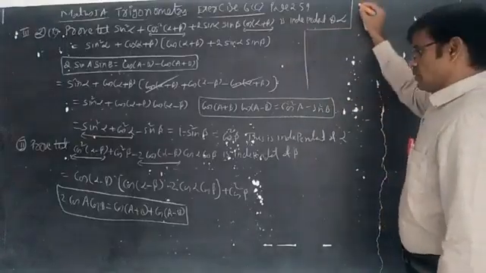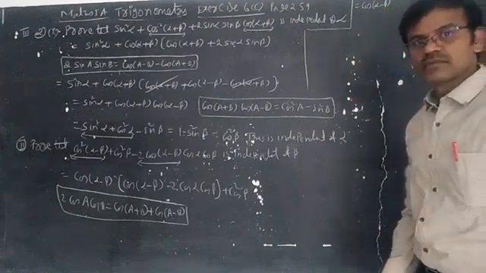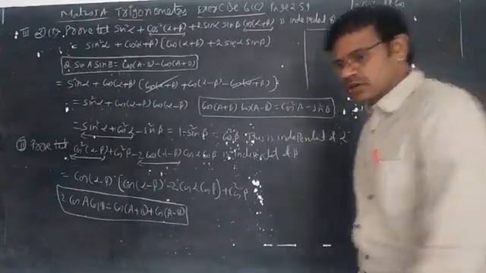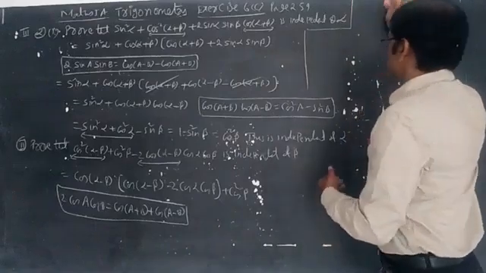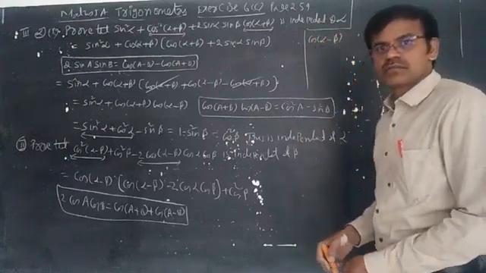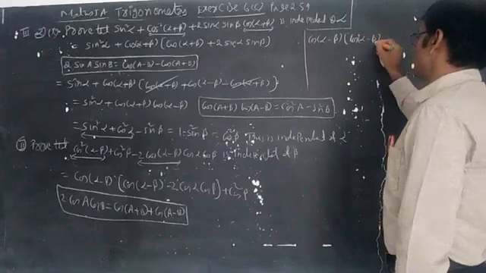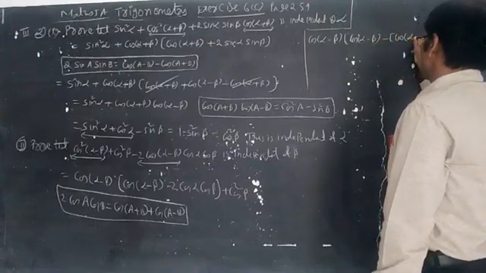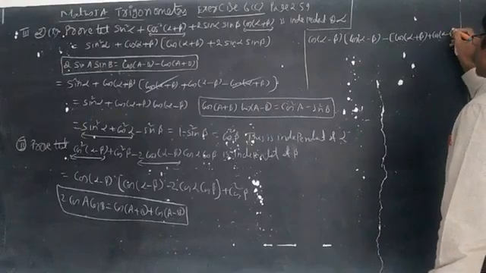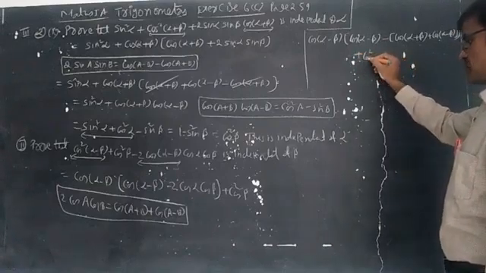Now let us write that: cos of alpha minus beta into cos of alpha minus beta minus, writing the formula for 2 cos A cos B, that is cos A plus B plus cos A minus B, so cos of alpha plus beta plus cos of alpha minus beta within the brackets, plus cos square beta separate.